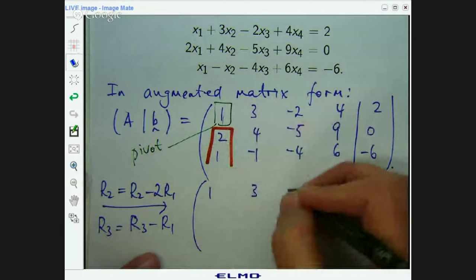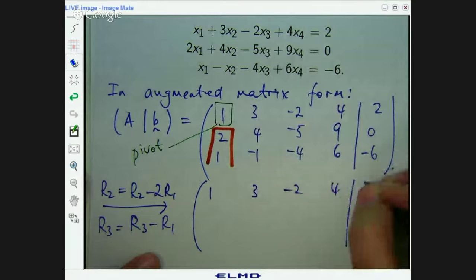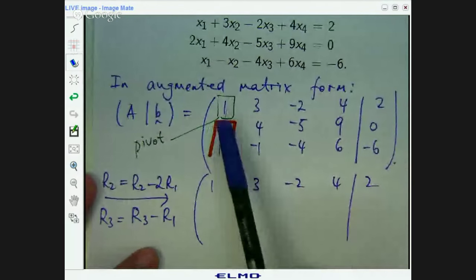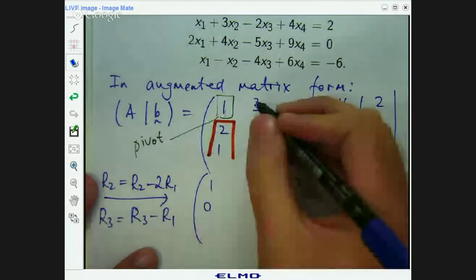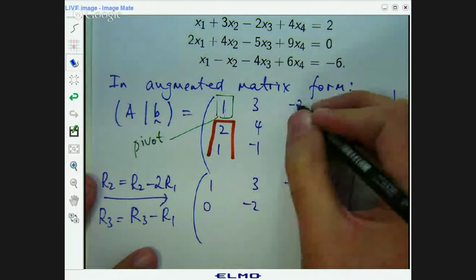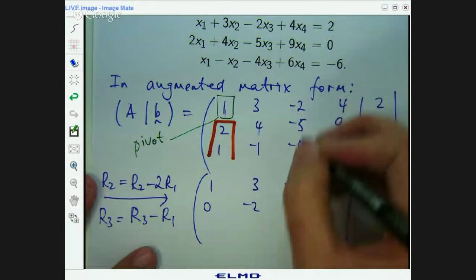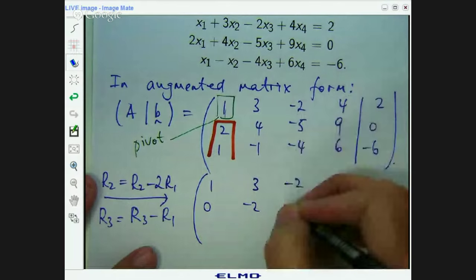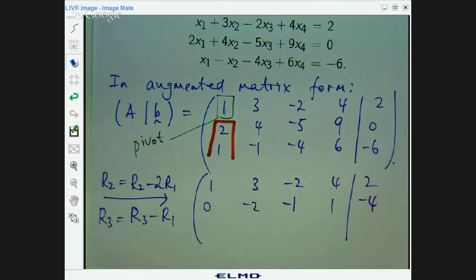So 2 minus 2 times 1, that's 0. 4 minus 6, -2. -5 minus 2 times -2, so that's -5 plus 4, that's -1. 9 minus 8 is 1. 0 minus 4, -4.